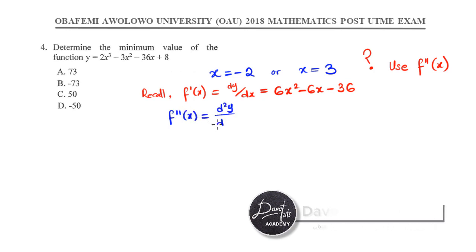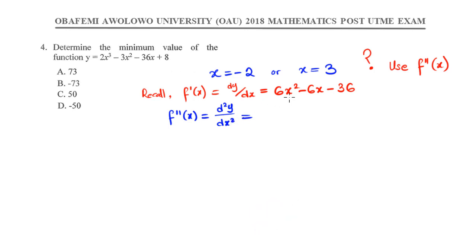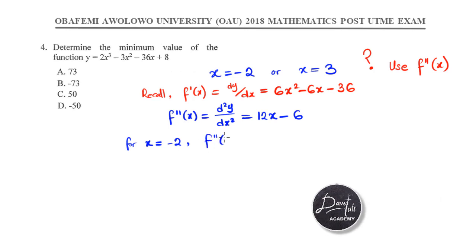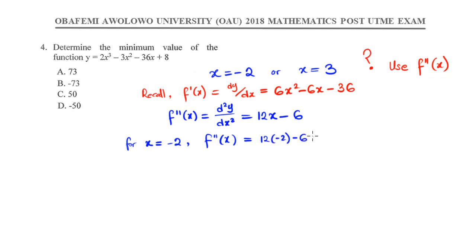So we have d squared y over dx squared, and that will be, as we've noted the rule before, 12x minus 6. So when x is equal to minus 2, let's plug the value here. The second derivative will be 12 multiplied by minus 2 minus 6. That will be minus 24 minus 6, which is minus 30.